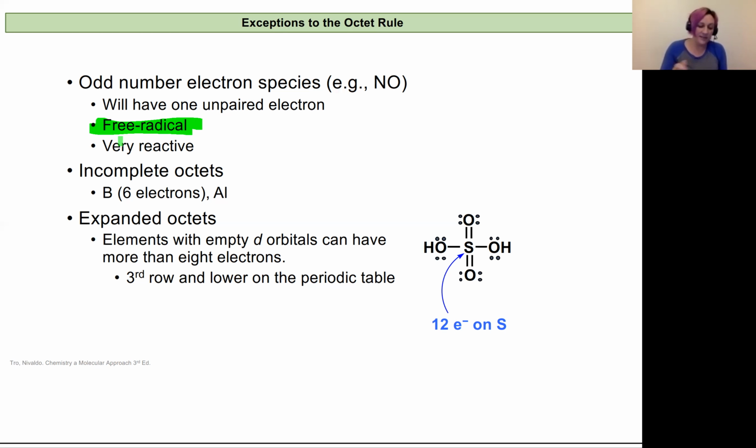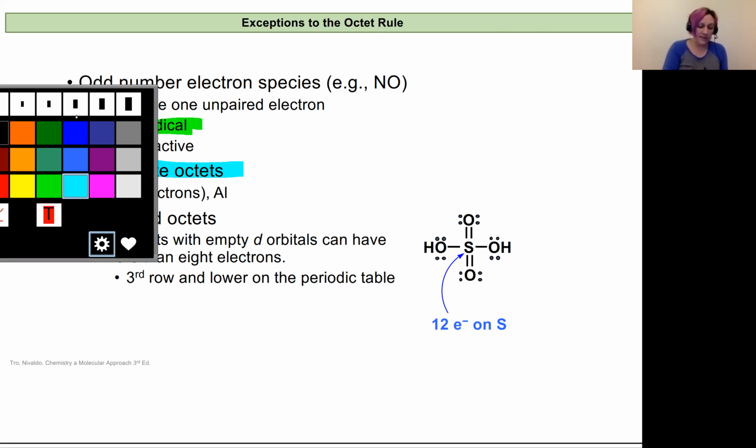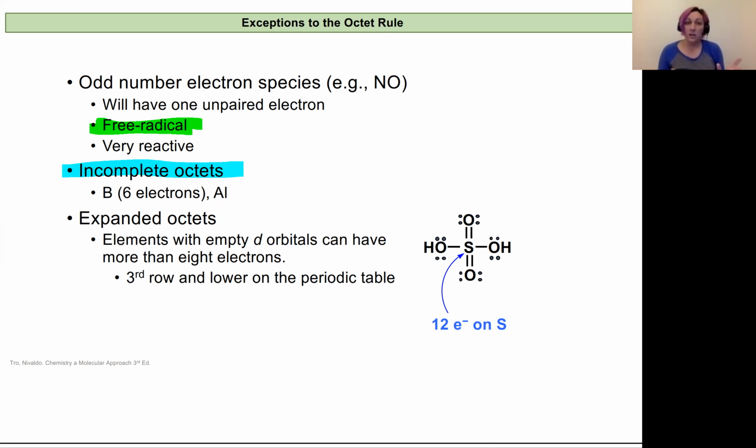Now, we have some examples that are incomplete octets. And the examples are boron and aluminum. Boron is only going to form a 6 electron structure. Aluminum is similar. What's happening here is this is in the third group of the periodic table.